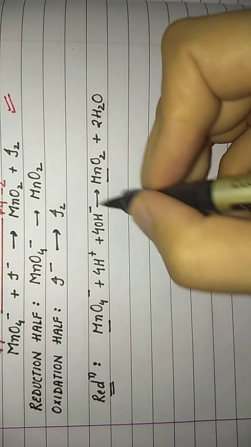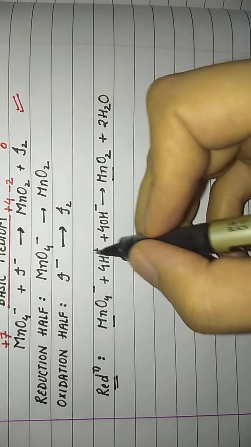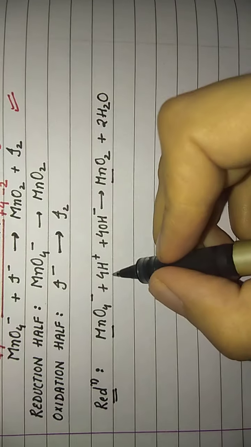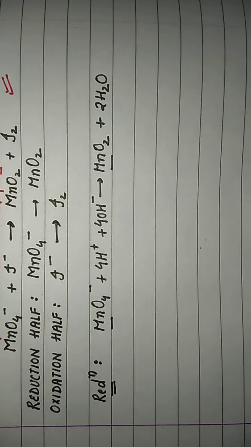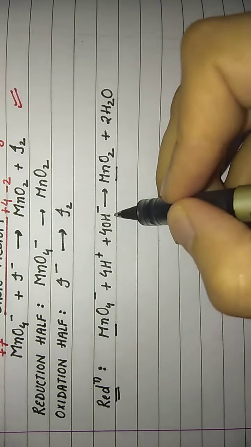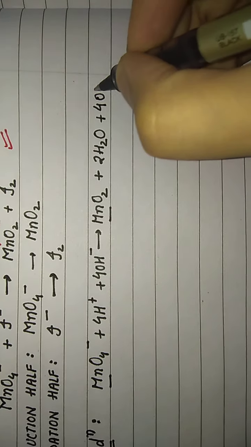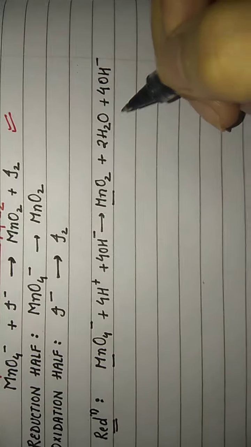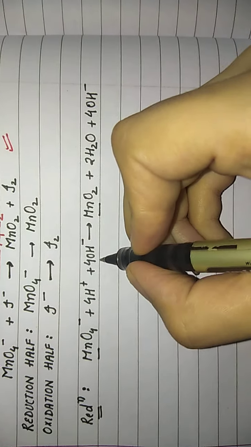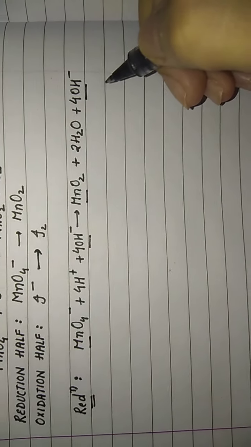You add a number of hydroxide ions equal to the number of hydrogen ions, so I add 4 hydroxide ions on the same side as well as on the other side. So there is no net change, because I have added the same thing on both sides of the equation.